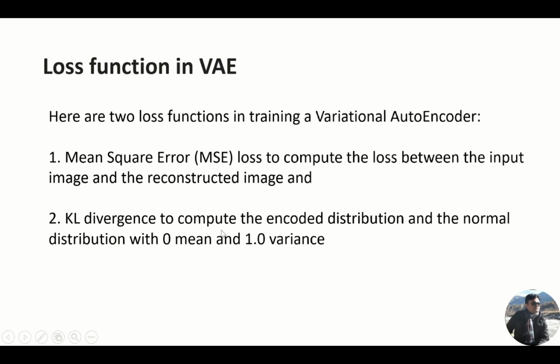KL divergence to compute the divergence between the encoded distribution and the normal distribution with zero mean and unit variance. There is a mathematical formula for that, guys, but I have not shown it here because a lot of computation would be required, so I'm not considering that for now.